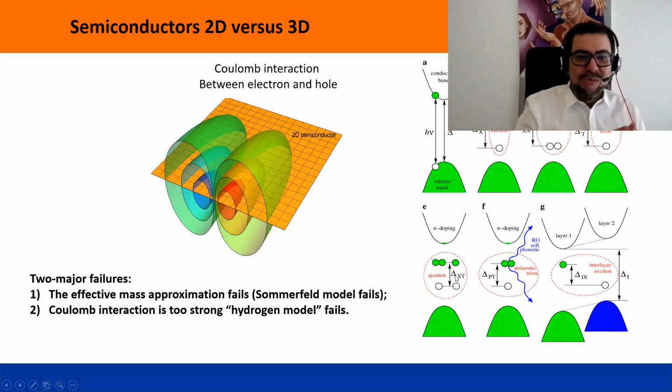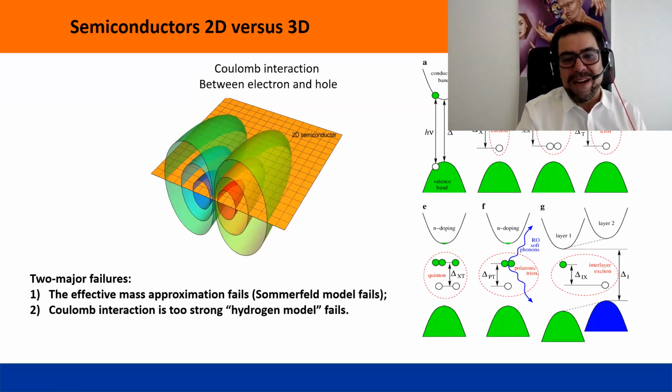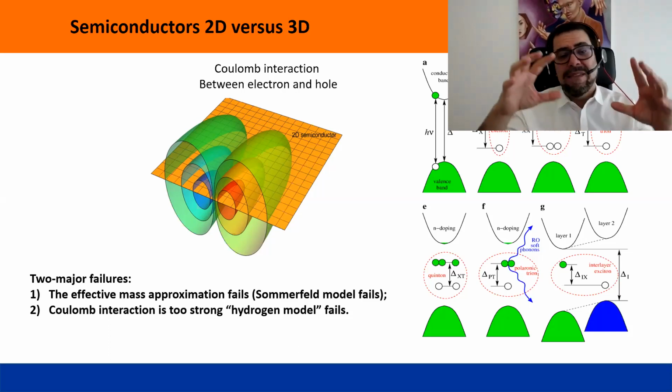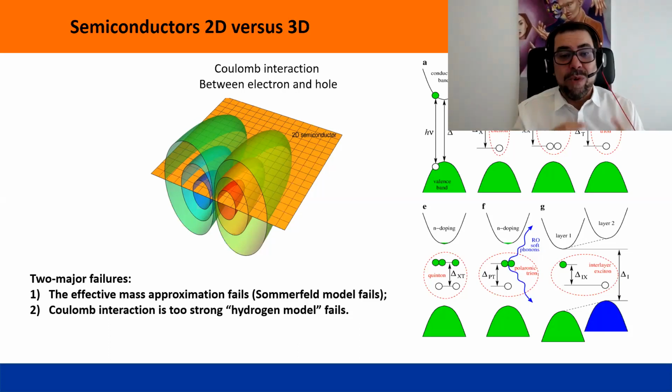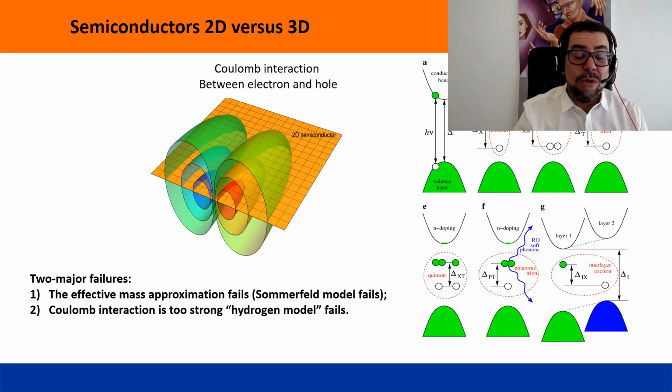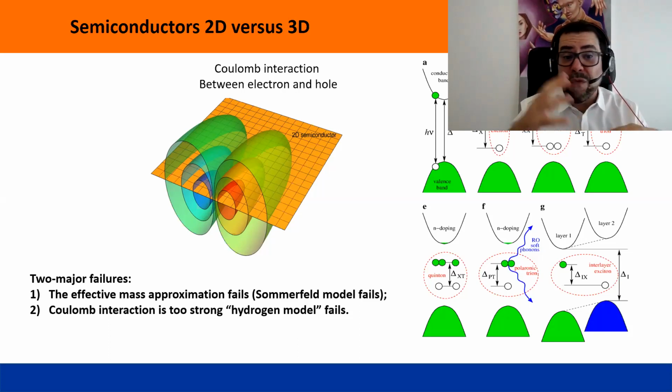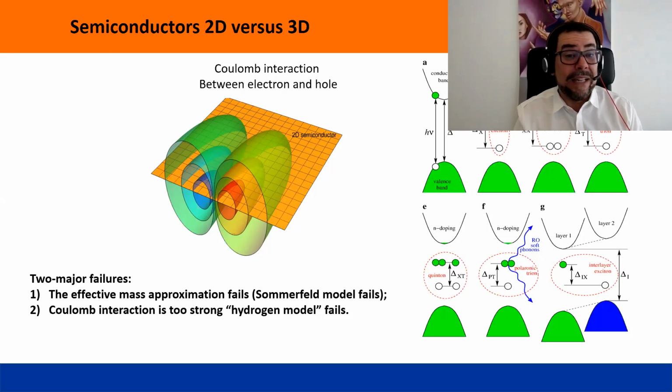So one of the things we see in 2D semiconductors is that if you try to use the traditional 3D theoretical structure to explain excitonic states in these materials, you have to rely on lots of different bound states. To me, this is a sign that essentially there is a problem.